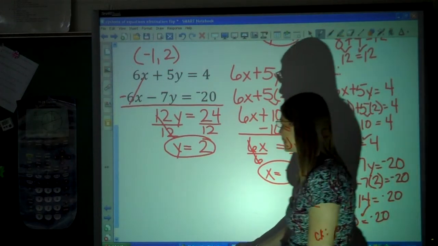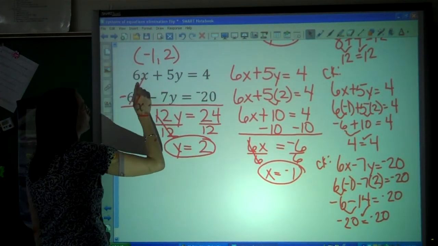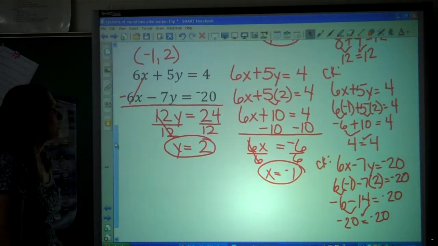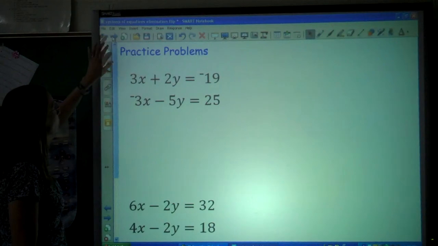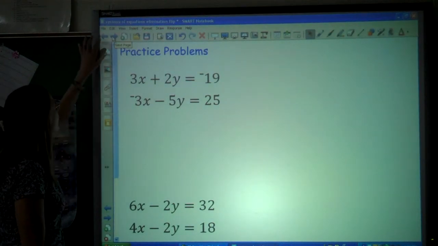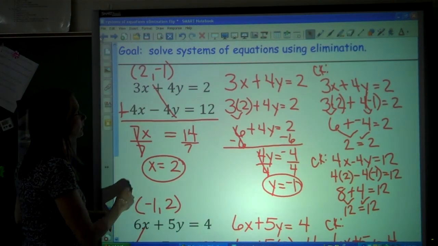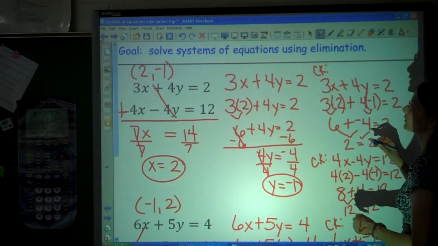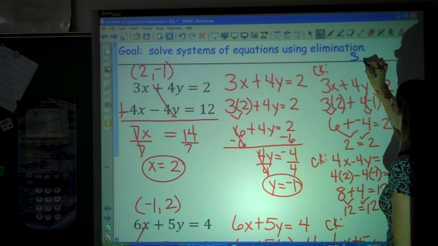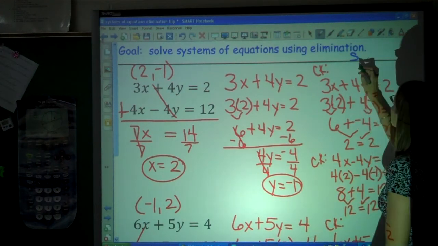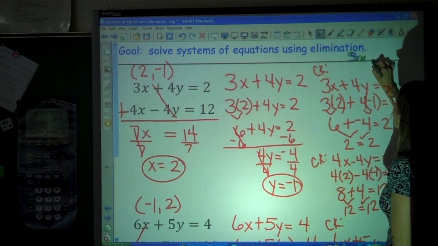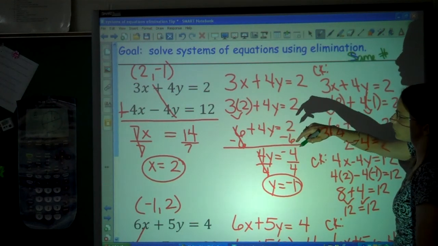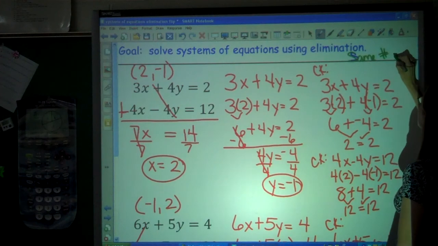So that tells me that when x is negative 1 in both of these, y is going to be equal to 2. I have 2 more problems that I'd like you to work through on your own. Remember, let's add a little note up top here. If they are the same number, you want to subtract.